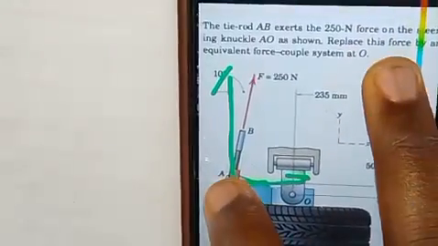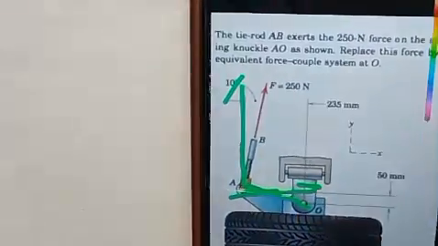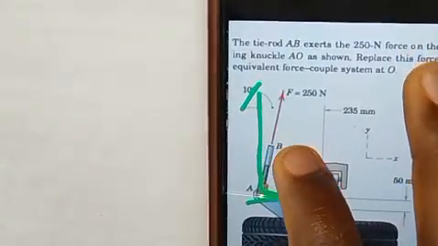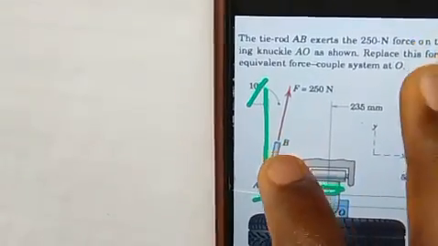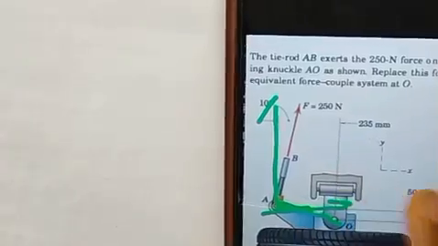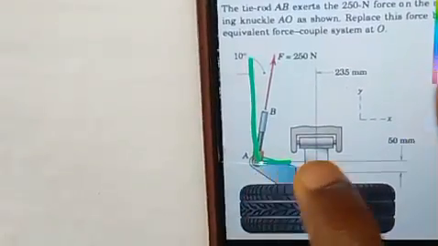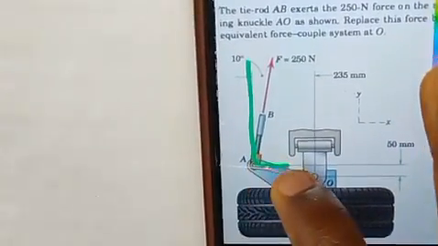That's why I'm picking from point A to O. If we were given B, we would also have to resolve it into x and y components, and we could use it. But we are not given it, so that is why I'm picking my line of action with my points from A to O.